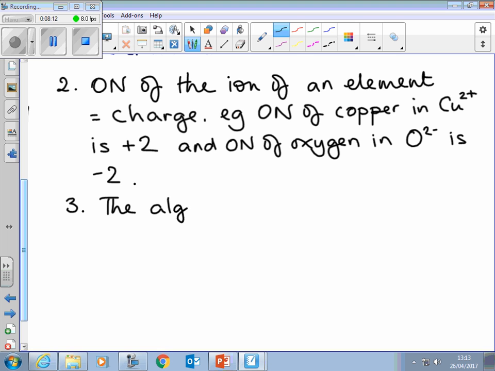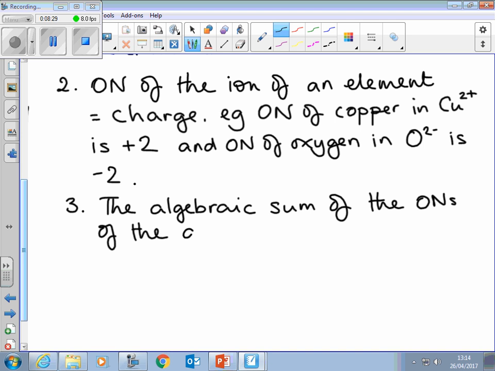So the algebraic sum of the oxidation numbers of the atoms. This is a long, complicated sentence here.